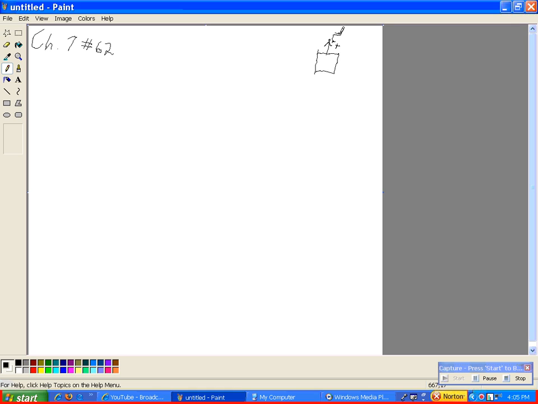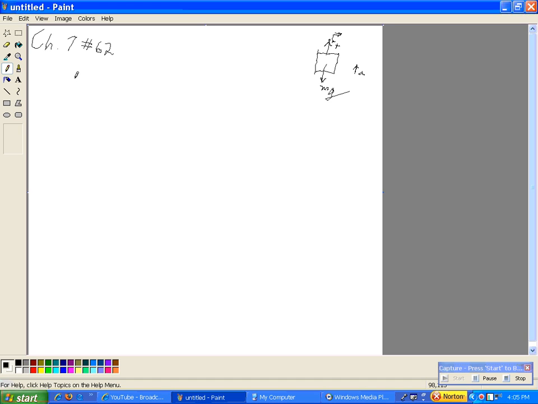Just put an arrow on top of it when doing the free body diagram to indicate that it's a vector and not a scalar. There's also the force of gravity. All right, so the direction it's moving is up. So let's just indicate that.